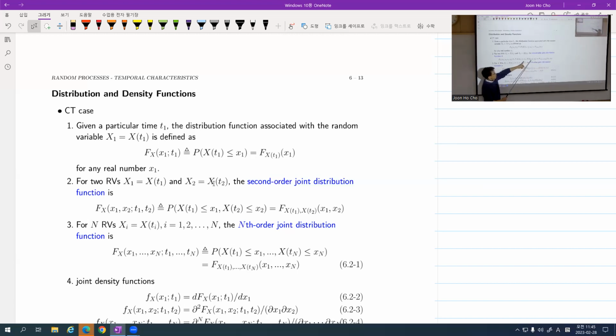And it means, in terms of the event, that capital X of t1 is less than or equal to x1, and capital X of t2 is less than or equal to x2. This is the new event, okay? So if I ask you to put curly brackets, then you have to have a left curly bracket here and a right curly bracket here. Because precisely speaking, this P, the probability measure of that abstract probability space, has to have a set as the argument.